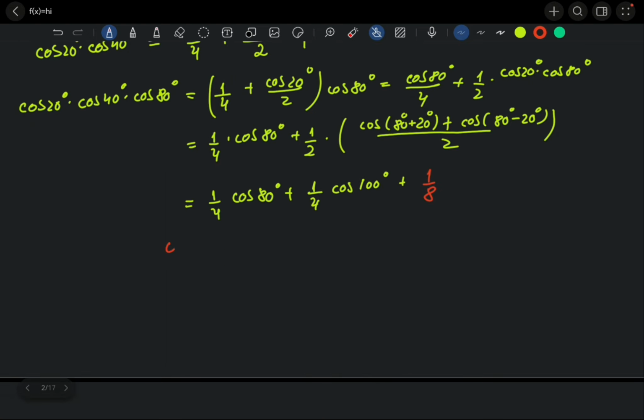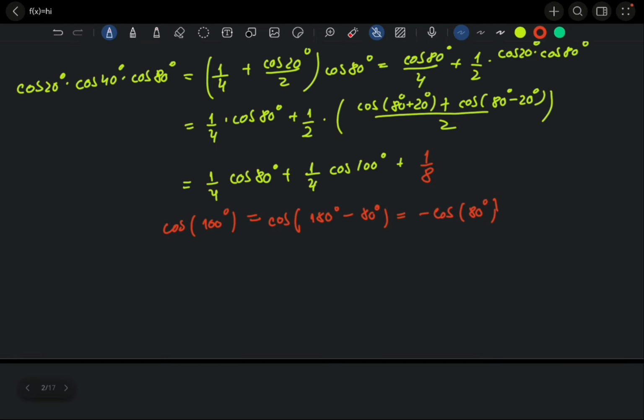Now we know that cosine of 100 degrees is equal to cosine of 180 degrees minus 80 degrees, and that's equal to negative cosine of 80 degrees. By substituting this into our expression, we get 1/4 cosine of 80 minus 1/4 cosine of 80 degrees plus 1/8.